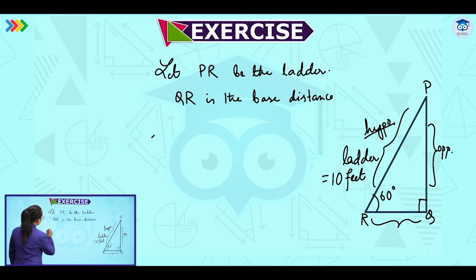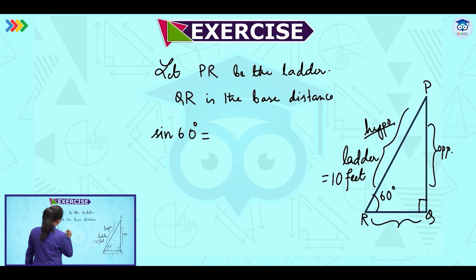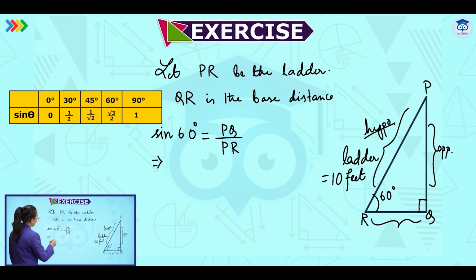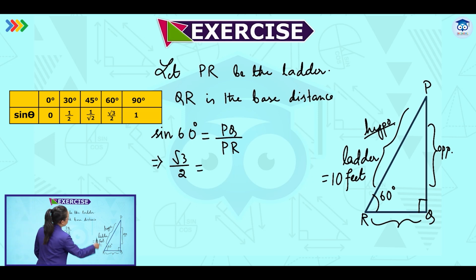So we'll start with sine 60 degree is equal to opposite, that's PQ upon hypotenuse, right? Hypotenuse is PR. As we all know, sine 60 degree is root 3 by 2, right? This is equal to, now we have PQ, which is what we are going to calculate right now. Suppose this is X, and PR, we have as 10 feet.